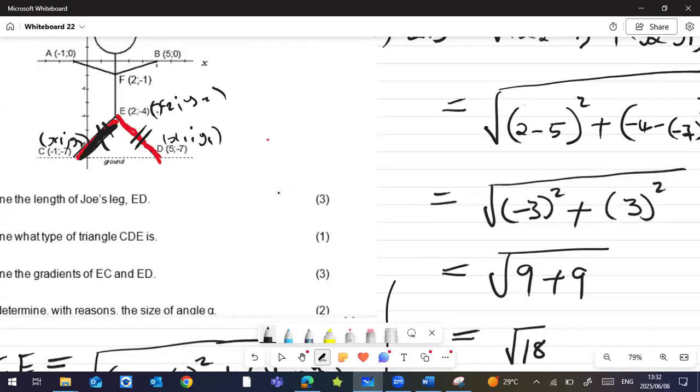So for the distance from C to D, I can just work with the x coordinates because the line is horizontal. It will have to be 5 minus minus 1, which will give me 6.